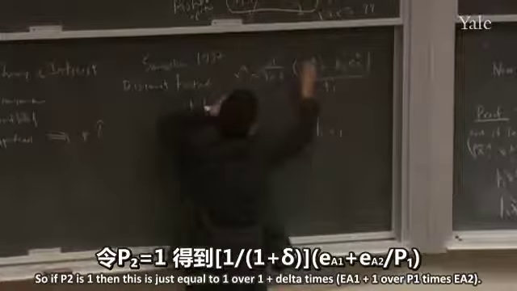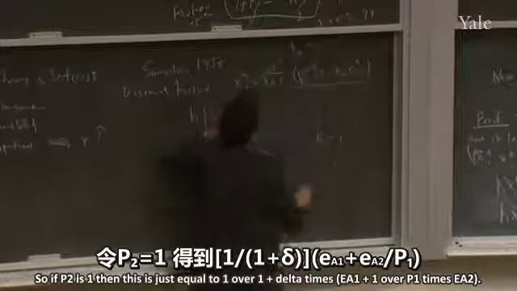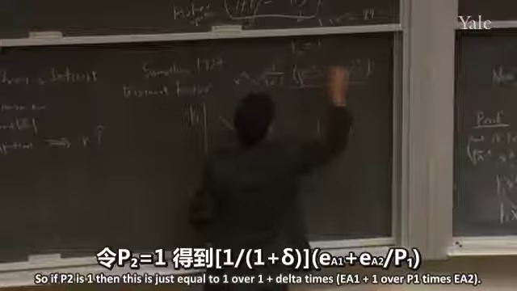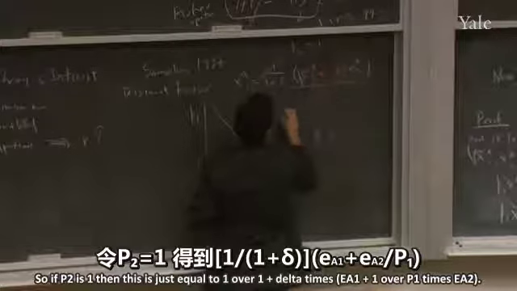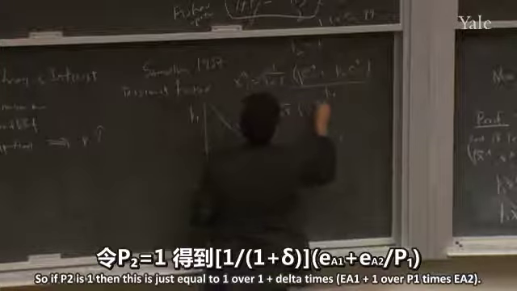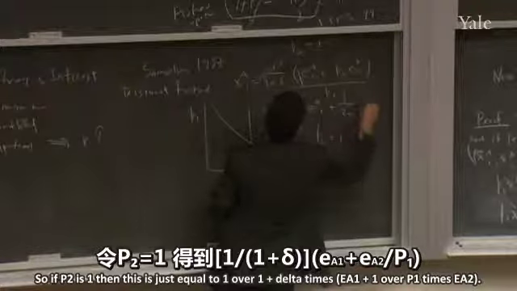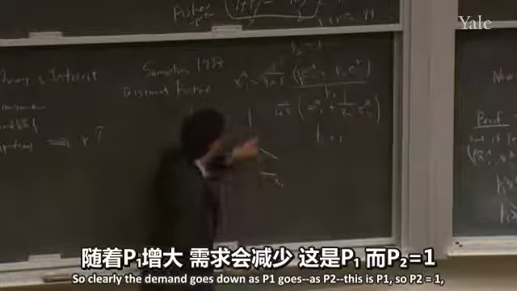So if P1 is 1, P2 is 1, then this is just equal to 1 over 1 plus delta times E_A1 plus 1 over P2 times E_A2.